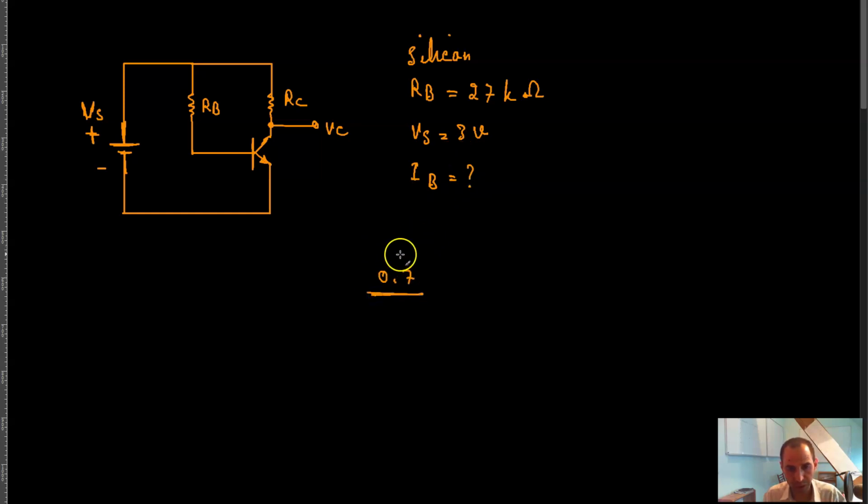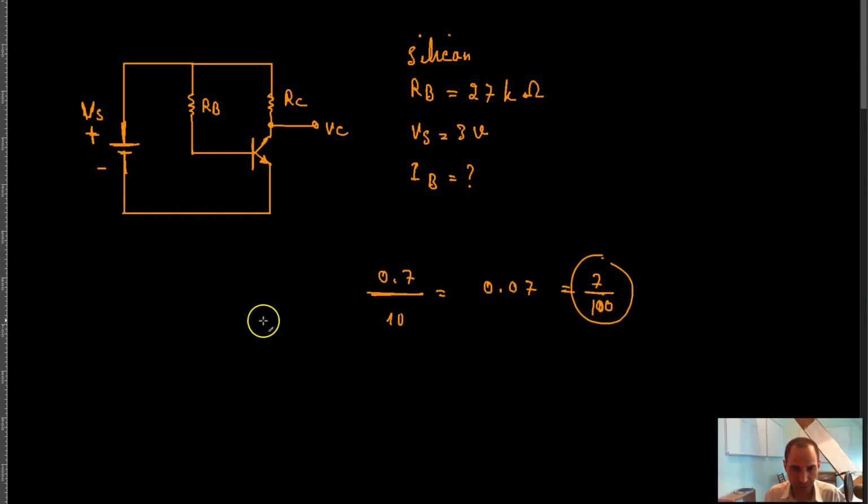For example, 0.7 to 10, divide by 10, you will get 0.07, that is 7 hundredths. The ratio becomes very small.